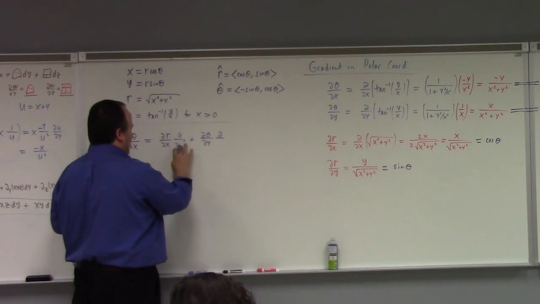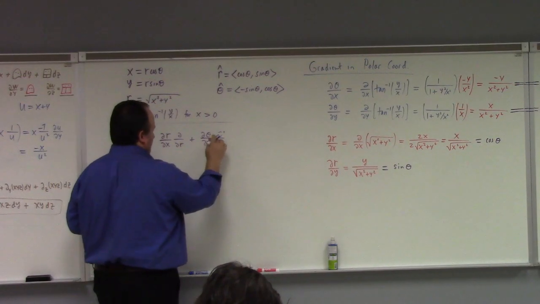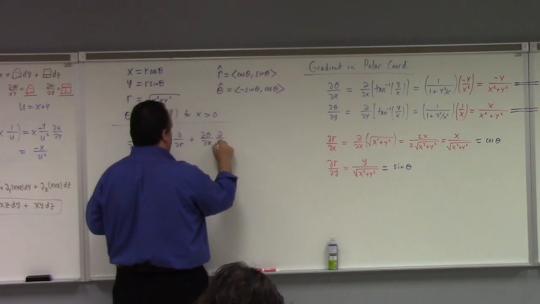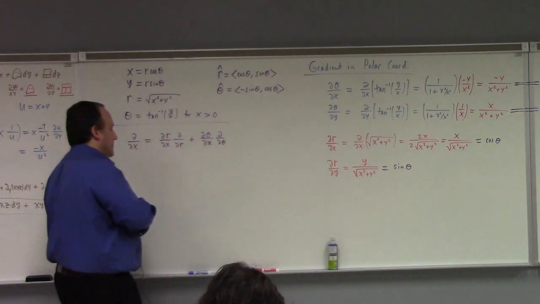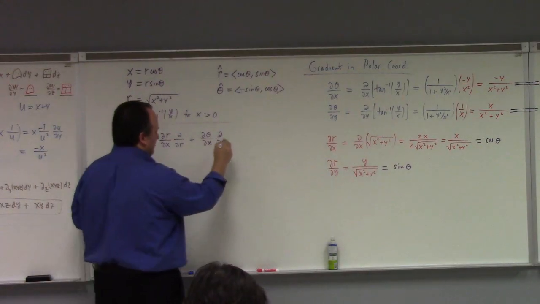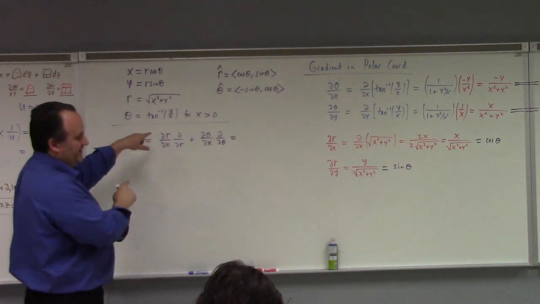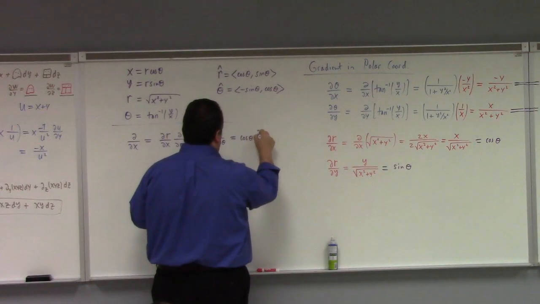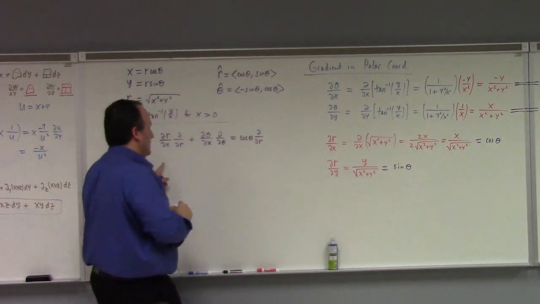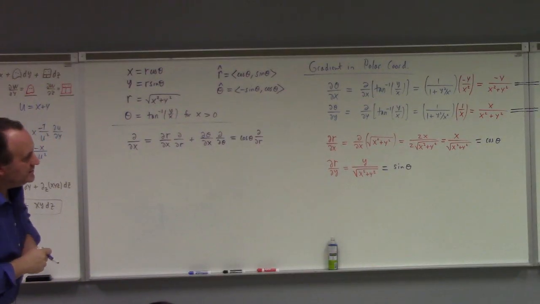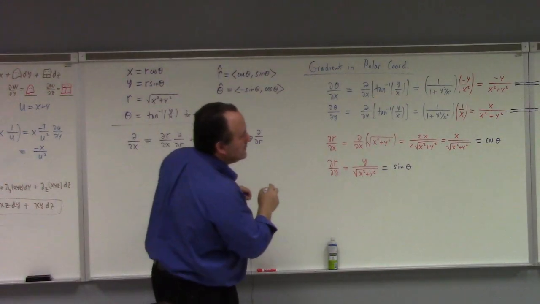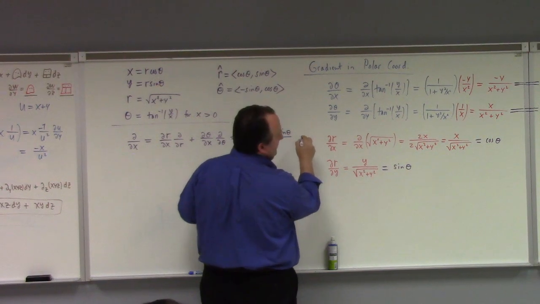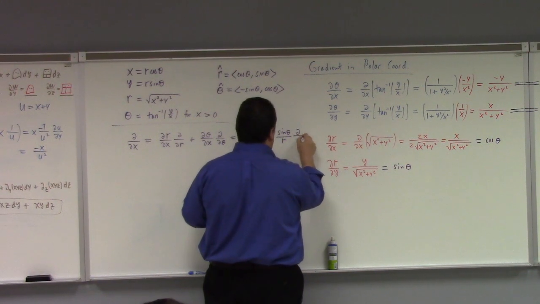So partial x, partial r, and then partial theta, partial x, partial theta, right? But what are those? We just worked those out, right? Partial x is cos theta, partial r, right? Partial theta partial x is minus sine theta over r, right? Partial theta.